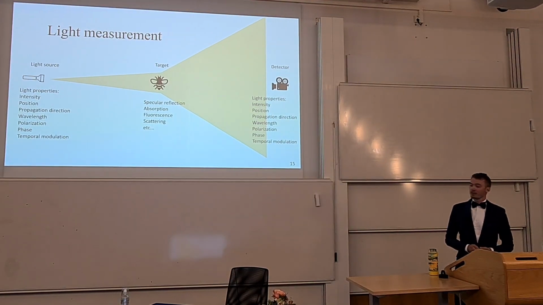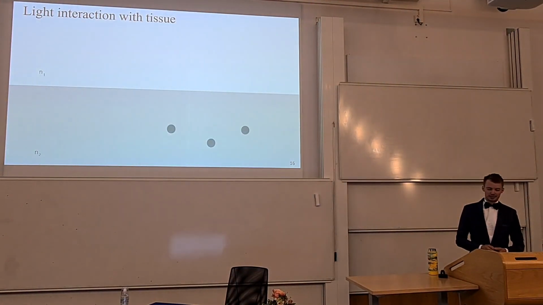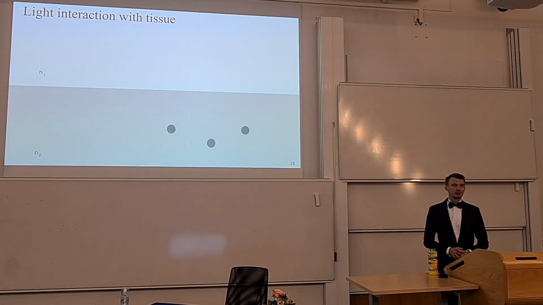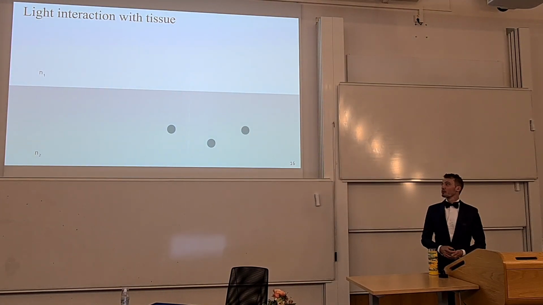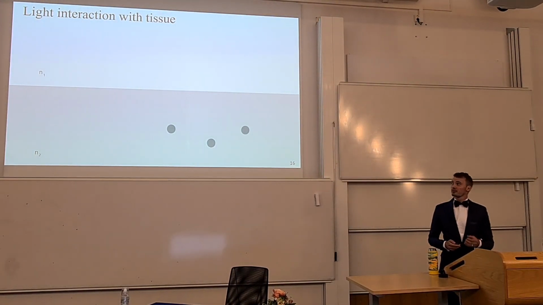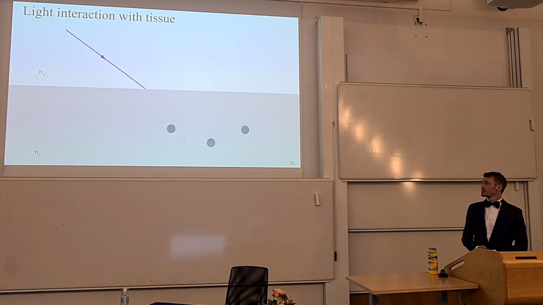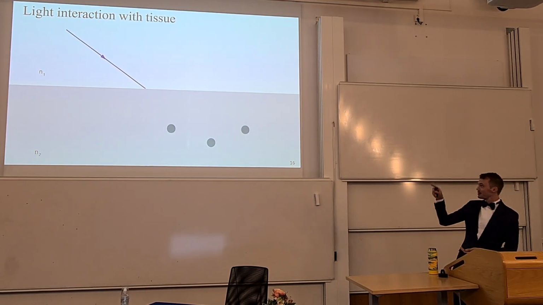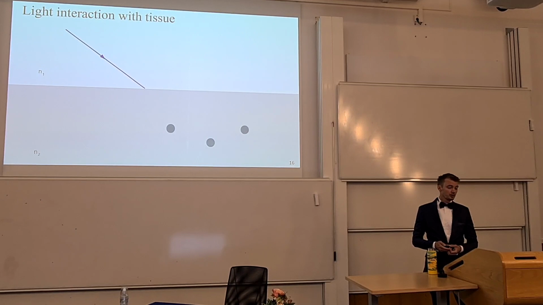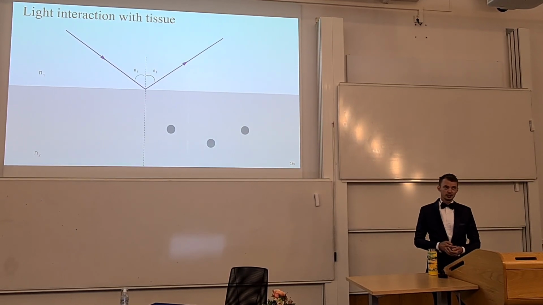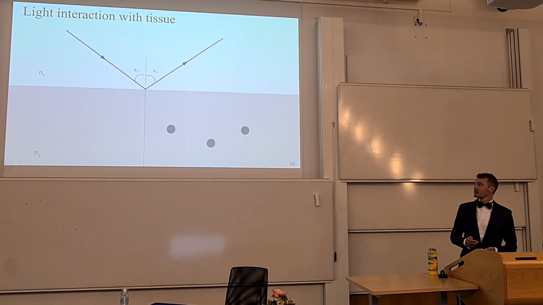So let's do a short crash course in how light can interact with a tissue. Let's say an insect body in this case. If light comes in to the insect, the insect has a different refractive index, so you will have some reflection and some refraction of the light.